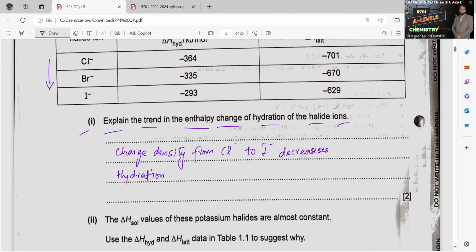Hydration enthalpy is less exothermic because of less attraction of ions to water.